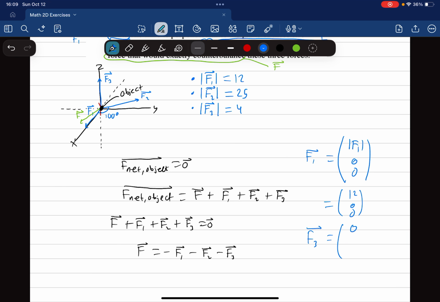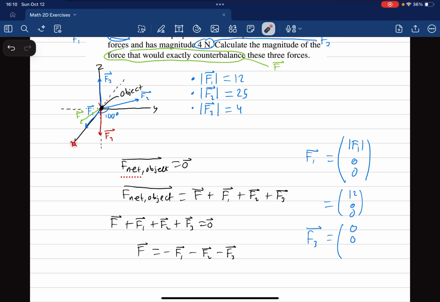0, 0. And then for the z component, this is where we need to be careful about that possibility I mentioned earlier. You might remember I said that F3 doesn't have to be pointing up into the positive z-axis because all we're given is that it is perpendicular to the plane generated by these two vectors, F1 and F2.